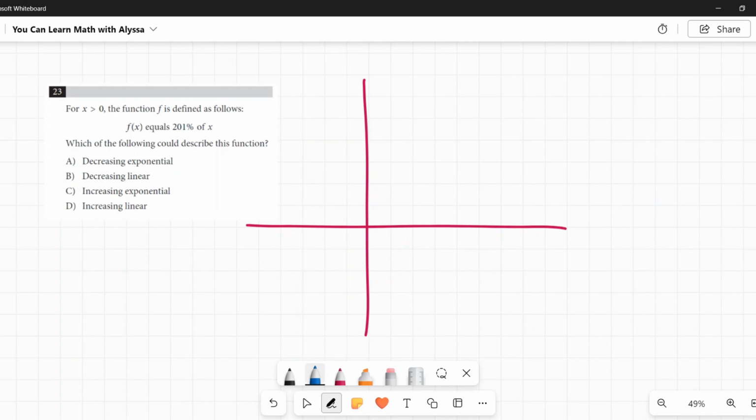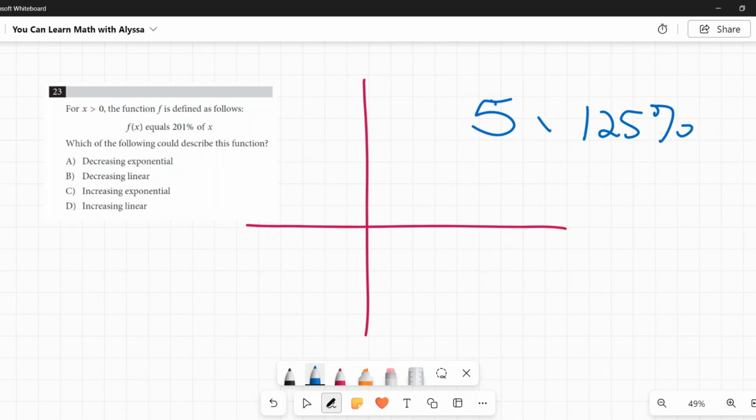That's not what this is. I think it's very easy to look at it that way, but unfortunately, that's not the right way to look at it. So f of x is 201% of x. If I just had a number, let's say 5, and I said, what is 125% of 5, you multiply 5 by 125%.